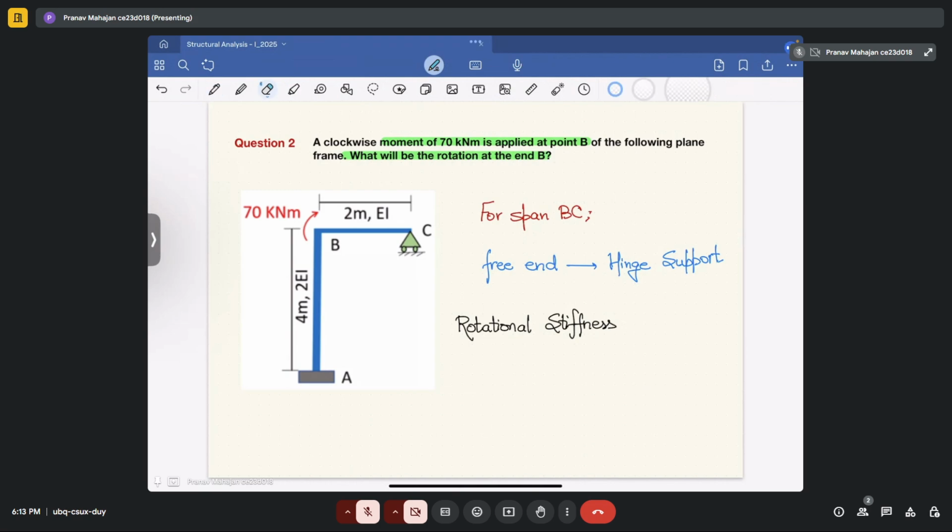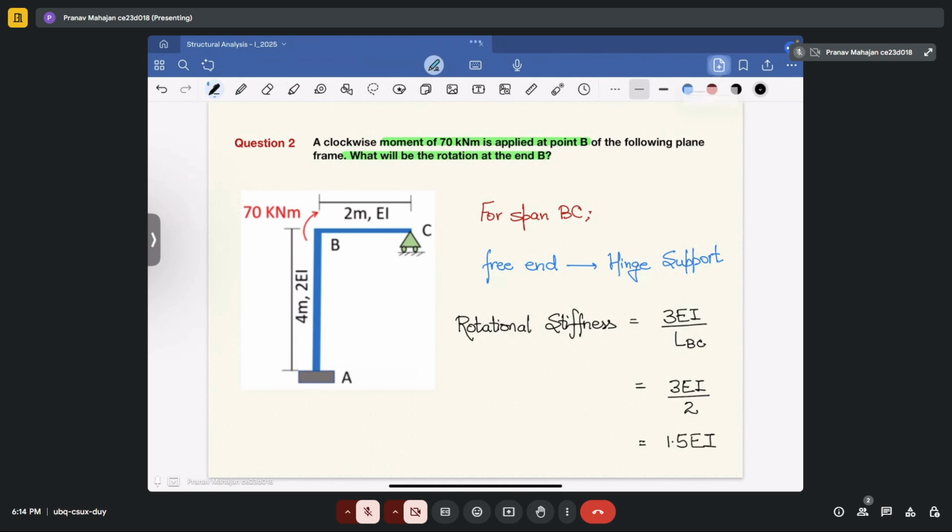So your rotational stiffness will be equal to 3EI upon the length of member BC. That will be equal to 3EI upon 2, equal to 1.5 EI.